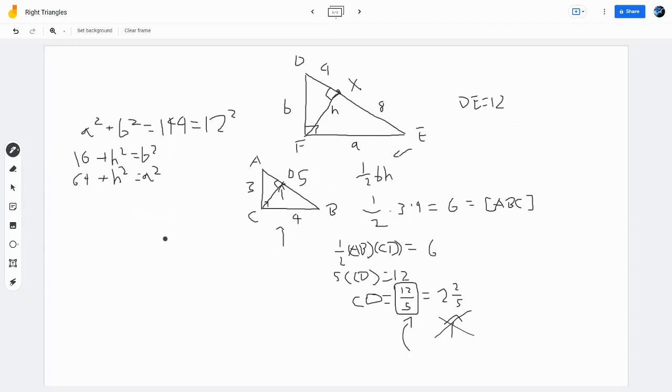Now we're just going to add those two together. So we're going to have 80 plus 2h squared equals 144. Then 64 is equal to 2h squared, so 32 equals h squared.